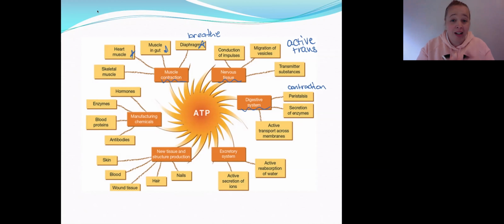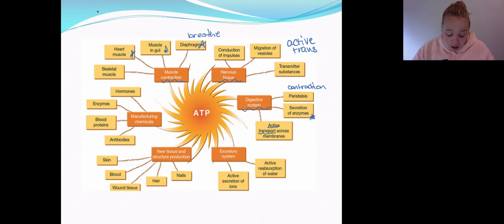So without ATP, you can't digest your food. You also can't secrete your enzymes. Amylase, pepsin, trypsin, lipase, any of those can't be secreted without the use of ATP. And again, active transport across membranes within our digestive system.